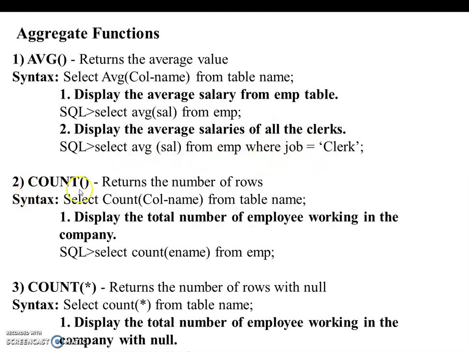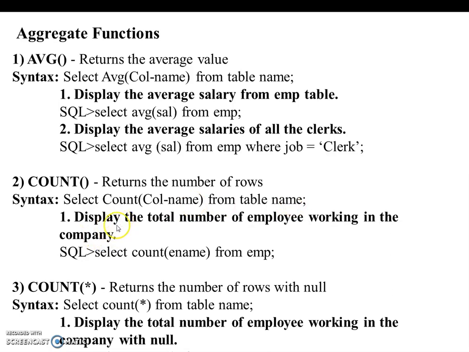Next function is the count function. It returns the number of rows, that is, how many rows there are within your table. The value is returned by the count function, and the syntax is select count column name from table name.